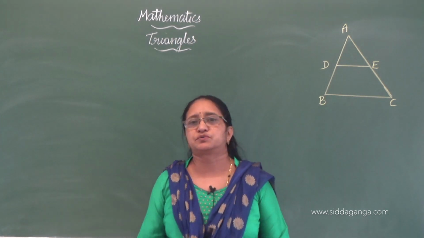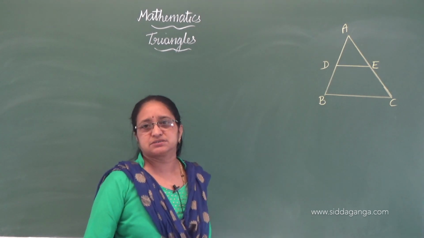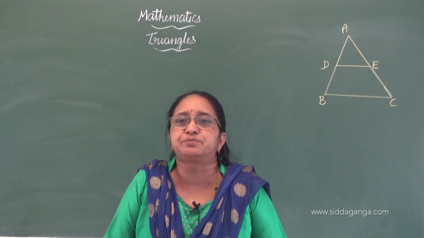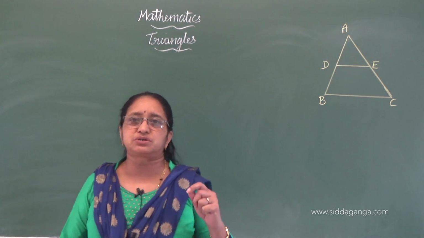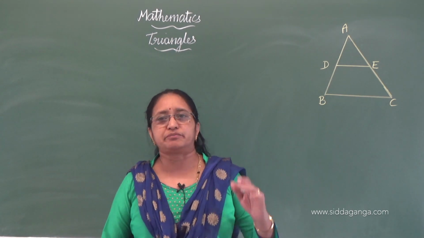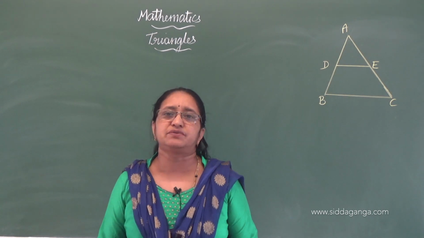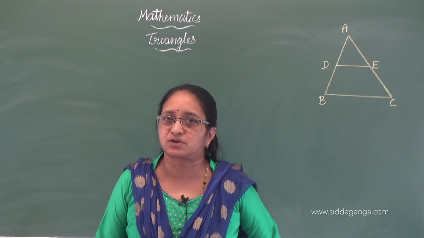results, we are going to derive many other results. That is called as corollary. I hope you have heard this word, corollary: based on a particular theorem, if we can derive many results, then we call those results corollaries.